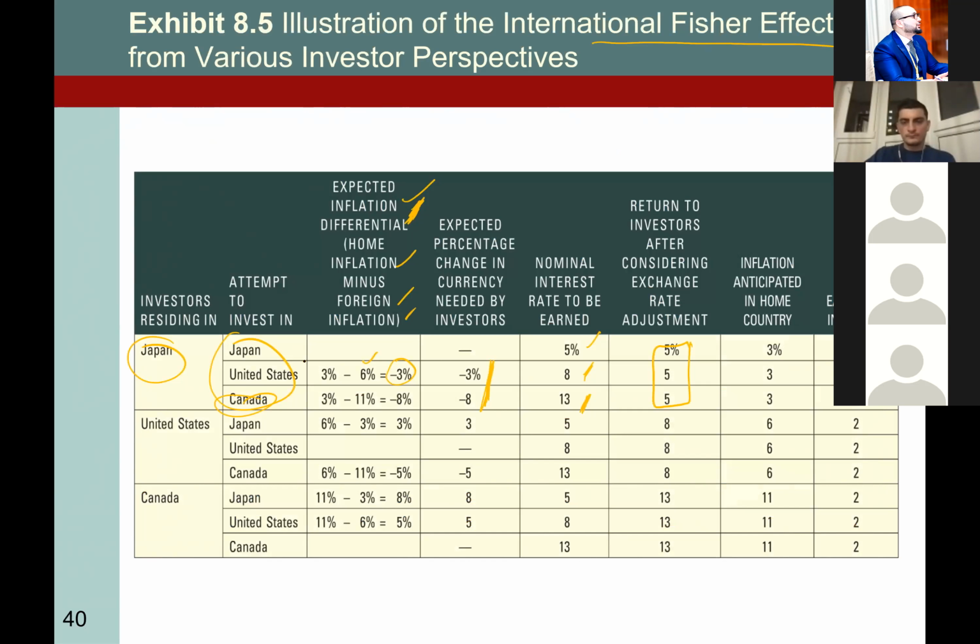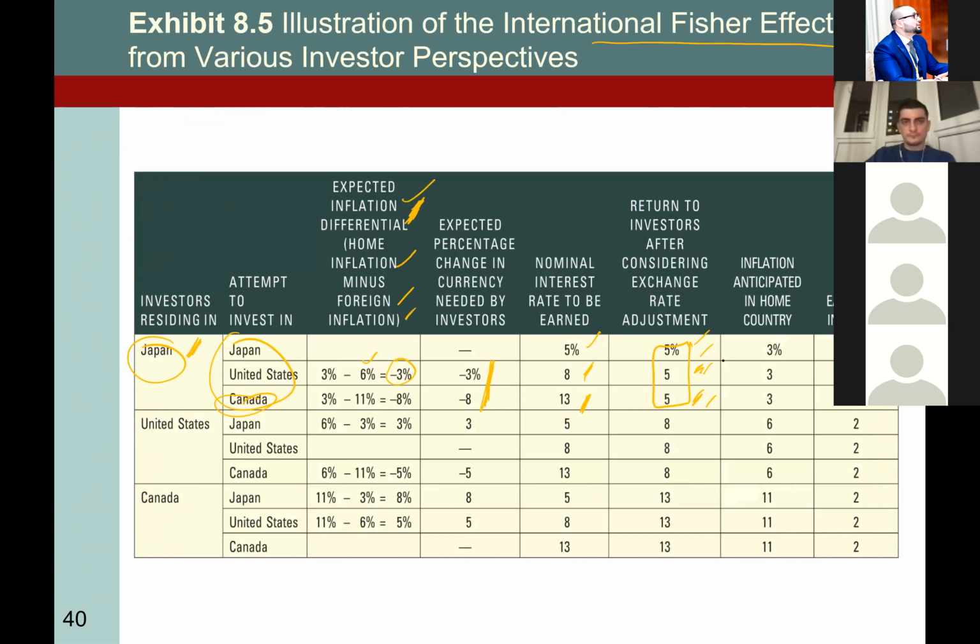Whether you are in Japan and invest in Japan, invest in US, or invest in Canada, you end up earning the same return, 5%.